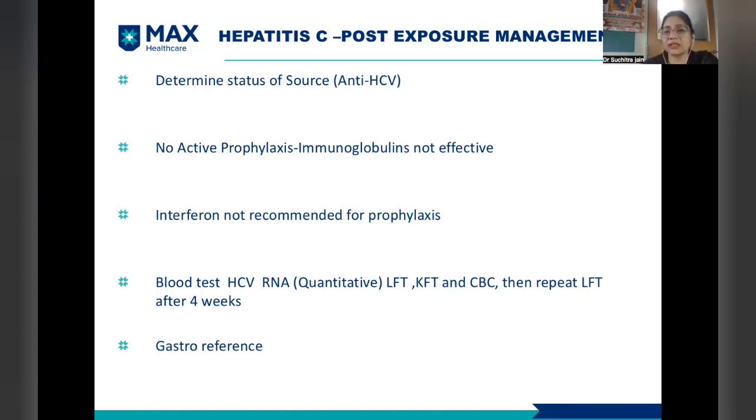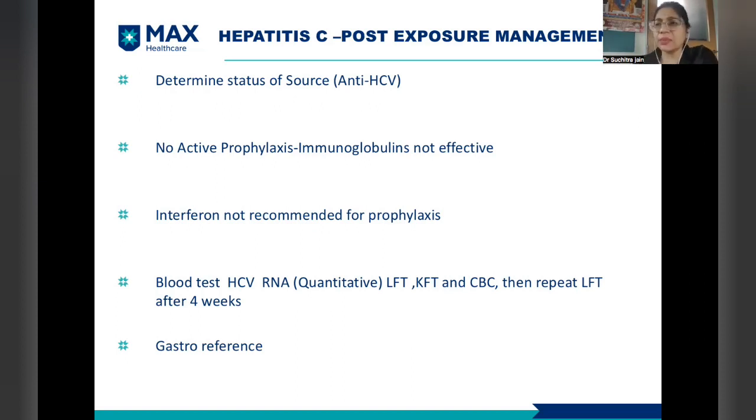So in that case, we go for LFT, that is liver function test, kidney function test, and CBC, complete hemogram, and this will be repeated after 4 weeks, 12 weeks, and 24 weeks. What we are doing is just tracking whether the person who got the needle stick injury is undergoing hepatitis.